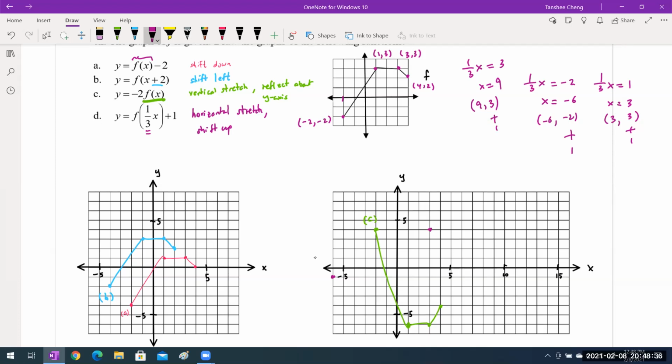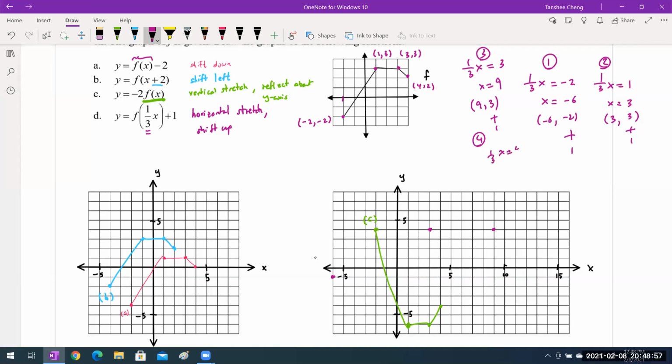And then add 1 to my y coordinate, because the whole graph is going to shift up 1 unit. So it will become 9, 4. So this is the first point, second point, here's the third point. And then the fourth point, same idea.